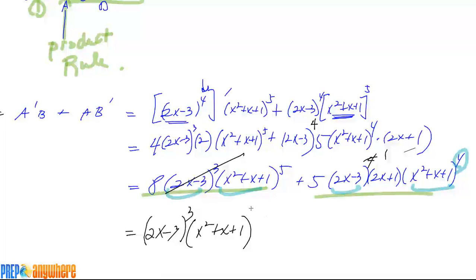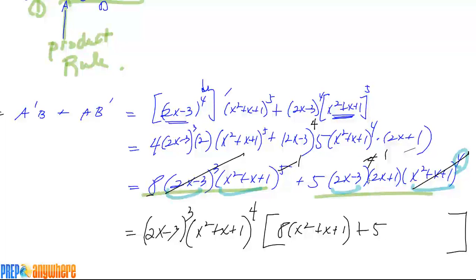You can factor out 4 of them. So all of these are gone. There's 1 left here. So what's going to be left in the bracket? 8 times x squared plus x plus 1, plus 5 times 2x minus 3 and 2x plus 1.